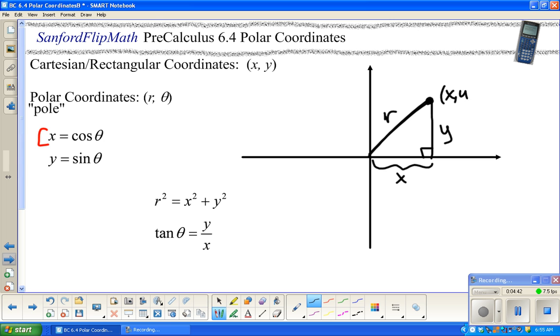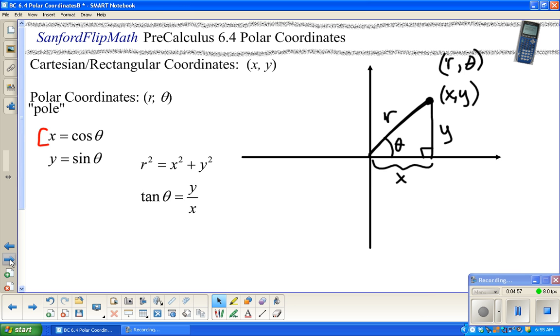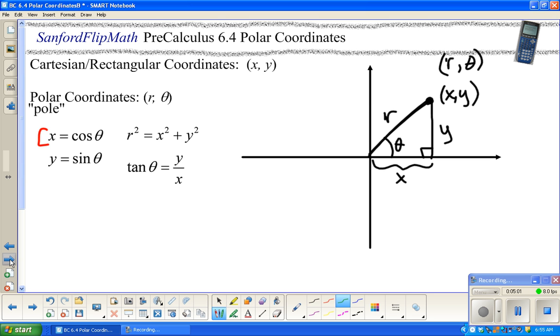This is (x, y), and this angle would be theta, so this is also the ordered pair (r, theta). There's nothing new here, it's just reminding you in a different context what's going on. Oh, this is wrong. That's supposed to be r, and that's supposed to be r. Caught myself.